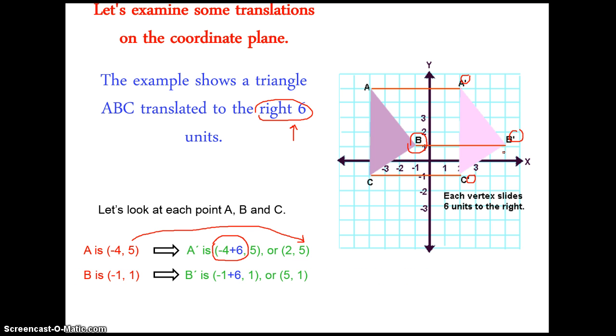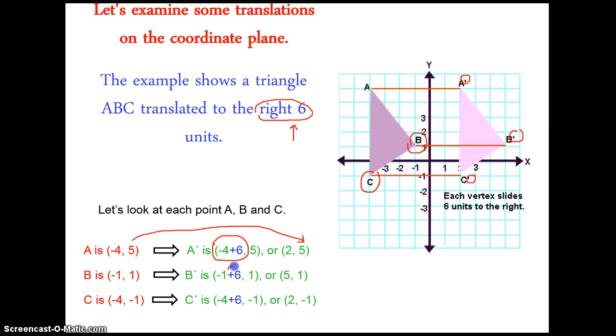The y value stays the same because it doesn't go up or down. And what's our x value for point C? Just the x value? Negative 4. Add 6 to negative 4. You get 2. So our x value is going to be positive 2. Our y value remains unchanged.